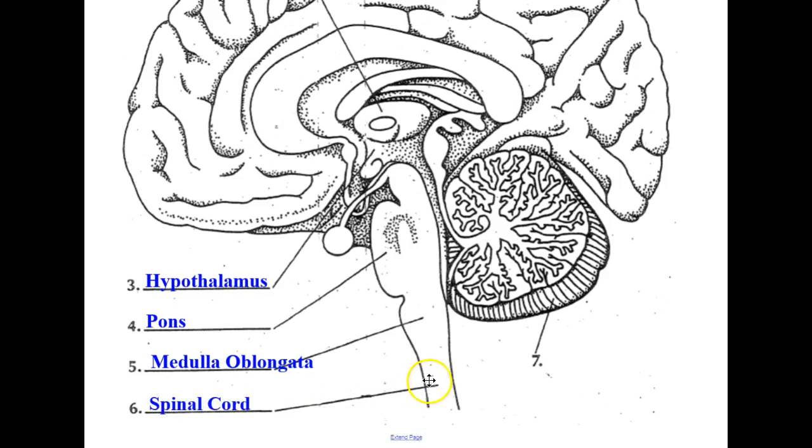And number 6 is the spinal cord. All of this makes up what is called the brain stem. And number 7 is the cerebellum. We'll talk about the specific parts of the brain and what each is responsible for next.